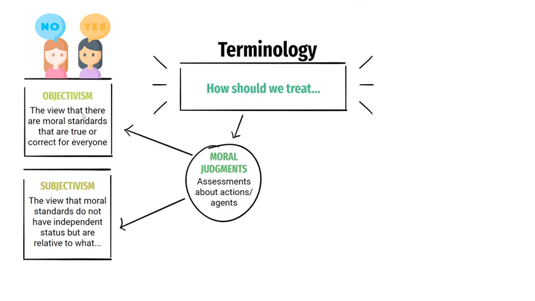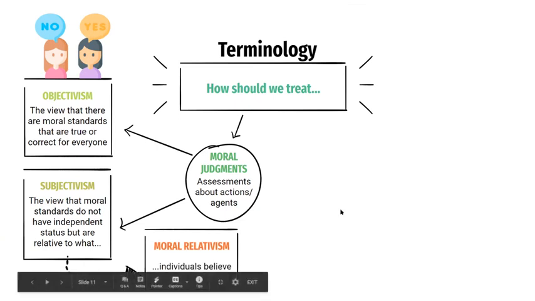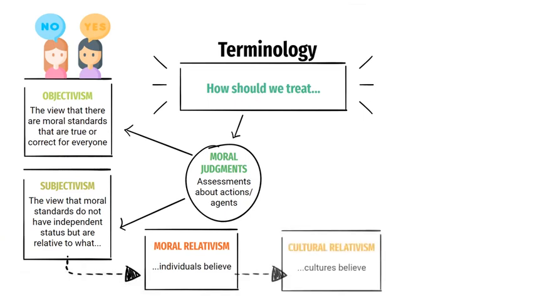If you're an objectivist about ethics, to some degree, you think that there are at least some moral standards that are true for everyone. At least some, not all, but there are at least some. If you're a moral relativist, you think that morality is just relative to either individuals or cultures. So it comes in a couple flavors: more subjective moral relativism and cultural moral relativism.